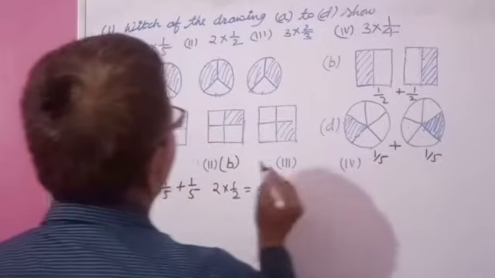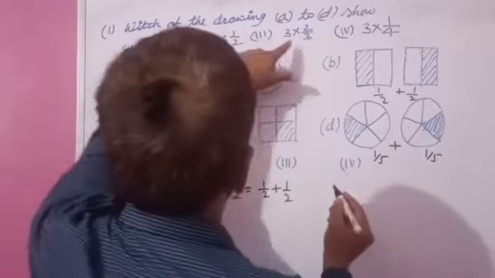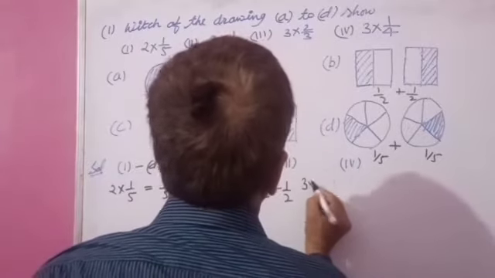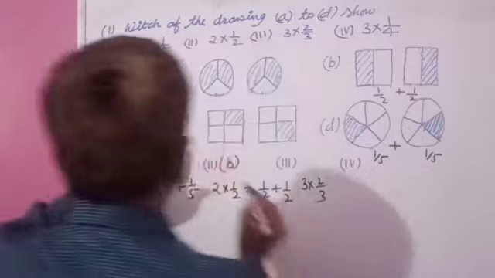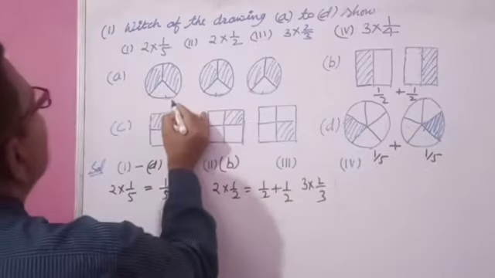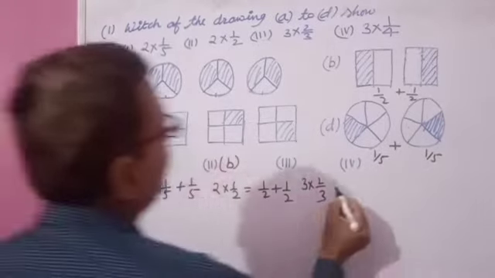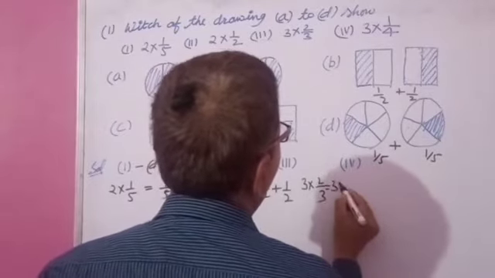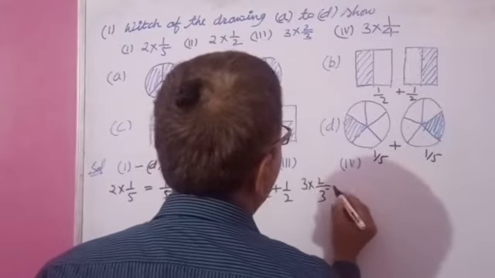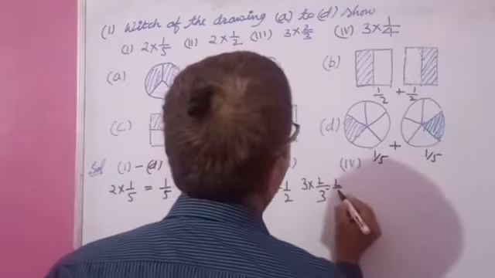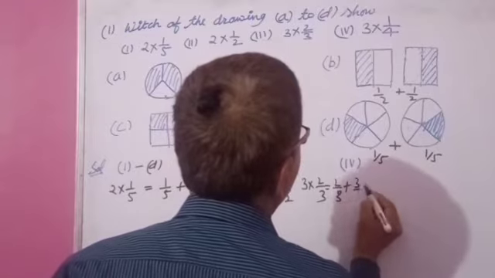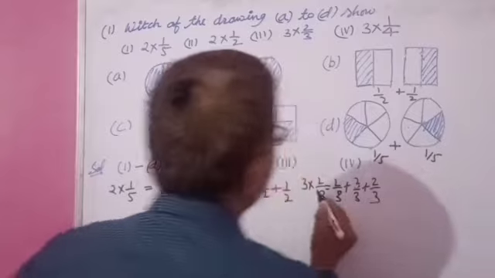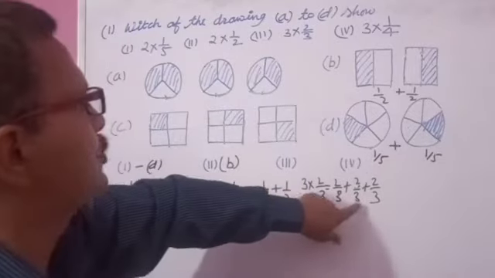And now third, you are seeing 3 multiplied by 2 by 3. You are seeing that this is 2 by 3. 3 multiplied by 2 by 3 means 2 by 3 plus 2 by 3 plus 2 by 3.